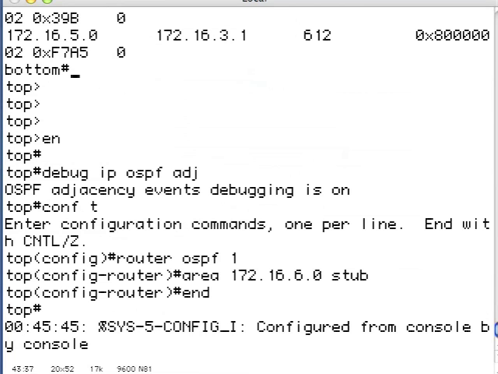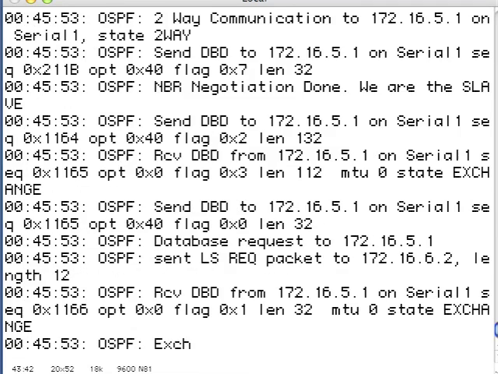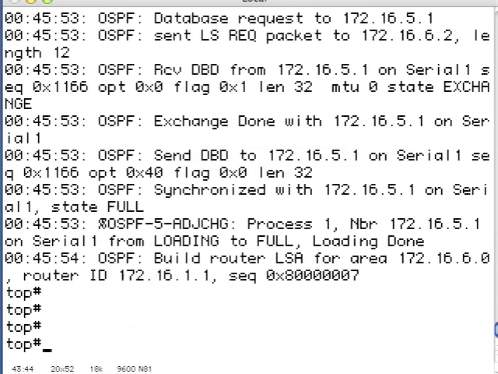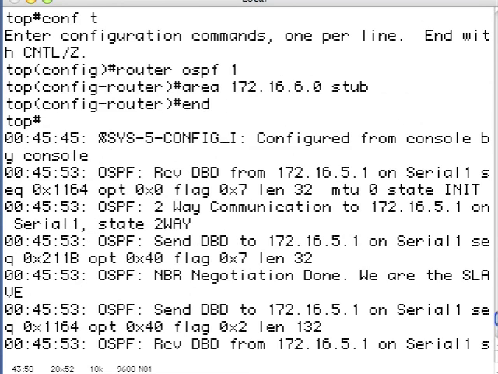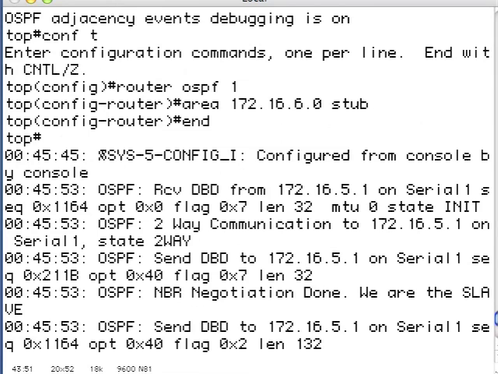And let's see if my neighbor relationship comes up. The hellos go back and forth. I think the default is every 10 seconds on hellos. And I got a ton of stuff. No debug all. Okay, let's go back and look through what happened.